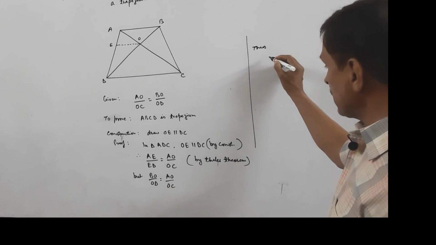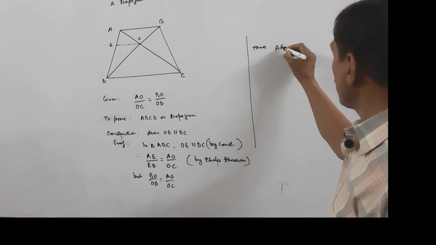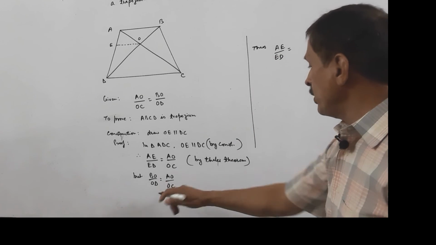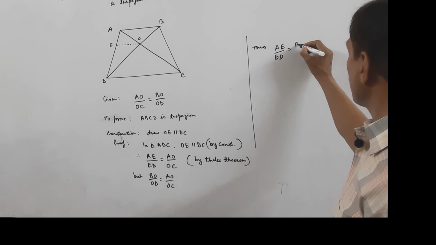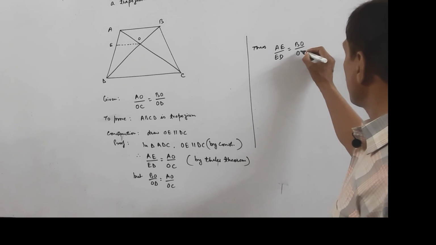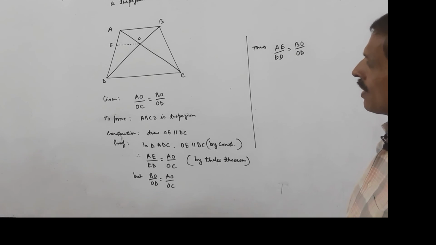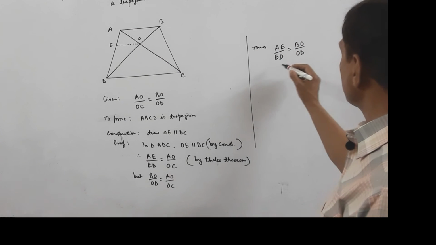Thus, we can say AE upon ED is equal to BO upon OD. Now we consider triangle ADB.